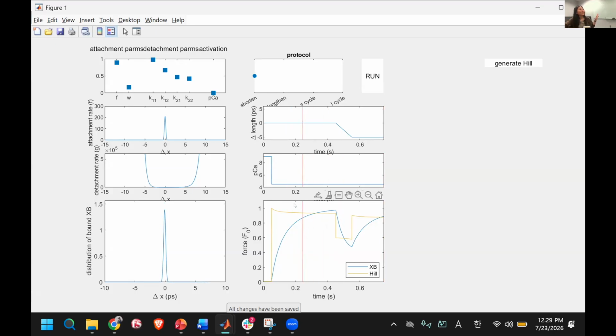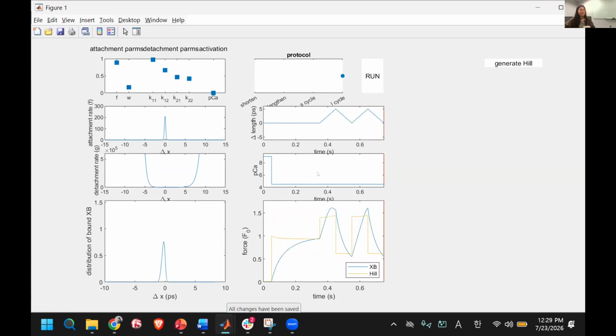Is it working for everybody so far? And we can even test the lengthening cycle like this. And as I told you earlier, even though this lengthening looks the same as this lengthening, we see a different amount of force developed here, between here and here.